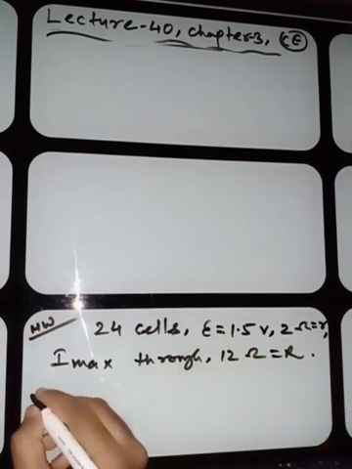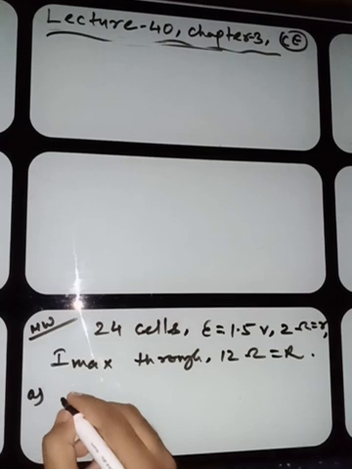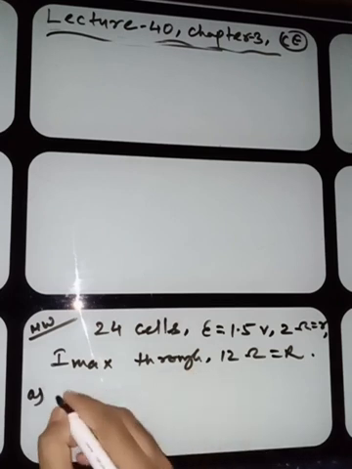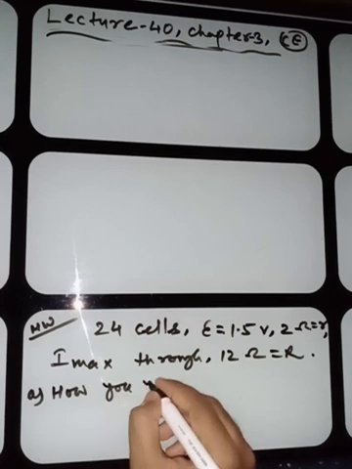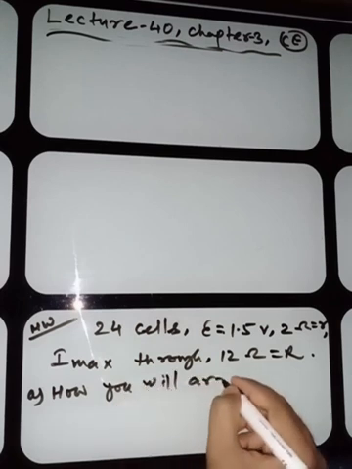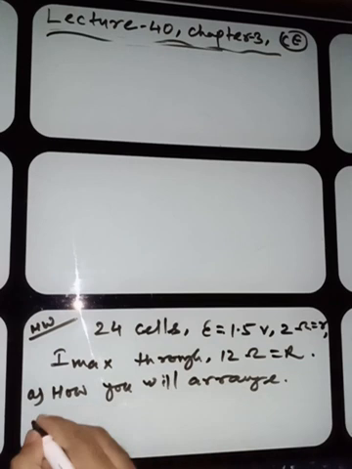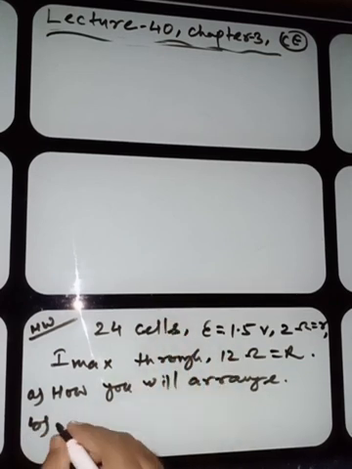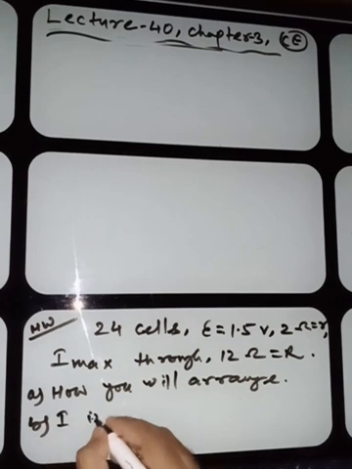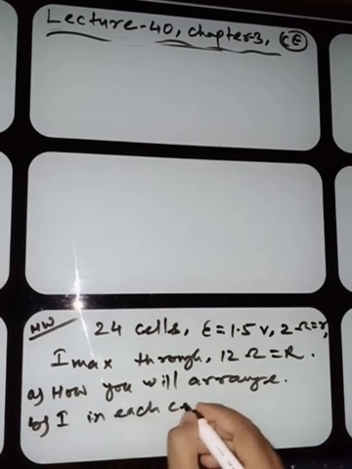Now you have to find how they are to be connected, how you will arrange. The first one. The second one, I am asking, find the current in each cell.